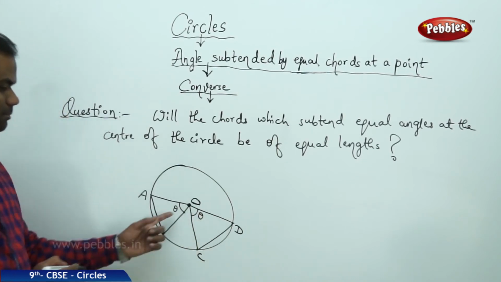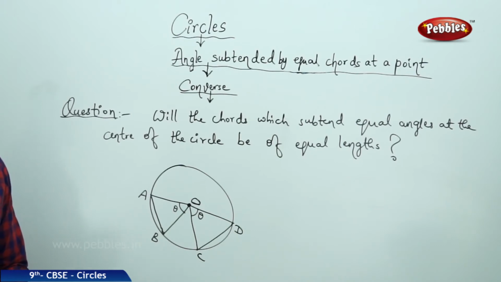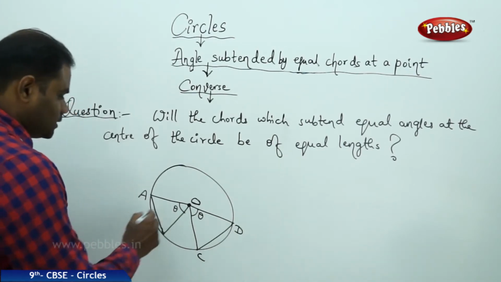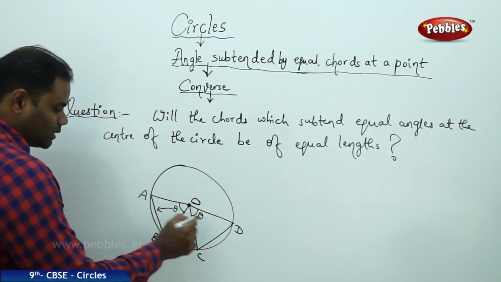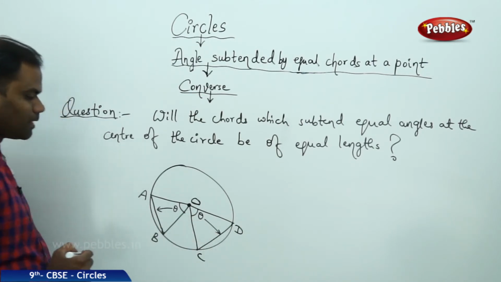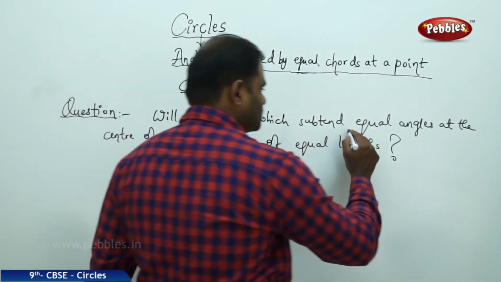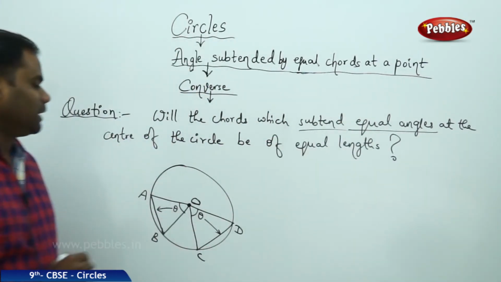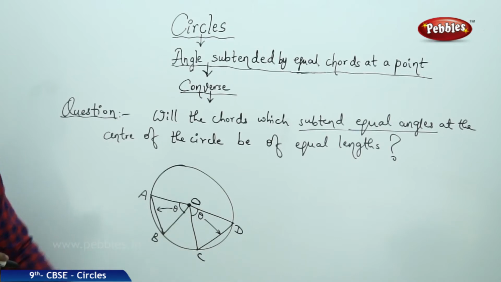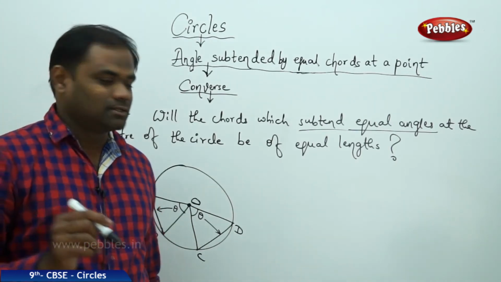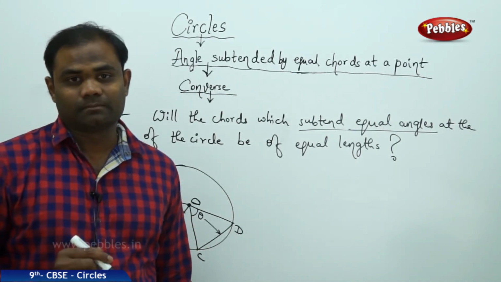Now, since they subtend equal angles, it is assumed in circle property that the side opposite to those angles must be equal. So, because these two are equally subtended angles at the center of the circle O, therefore, by converse, the two chords must be equal.